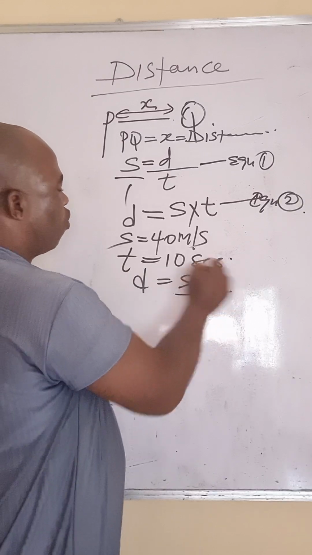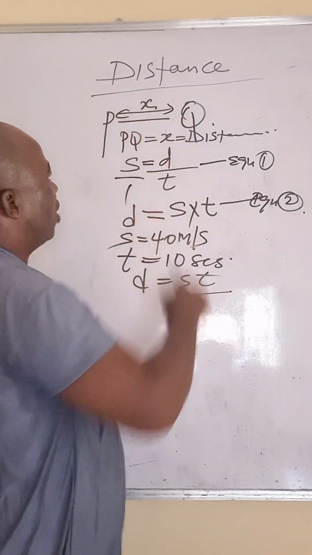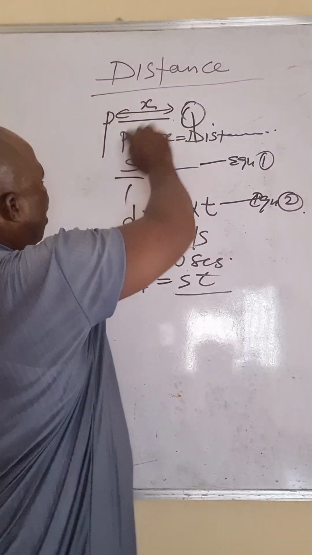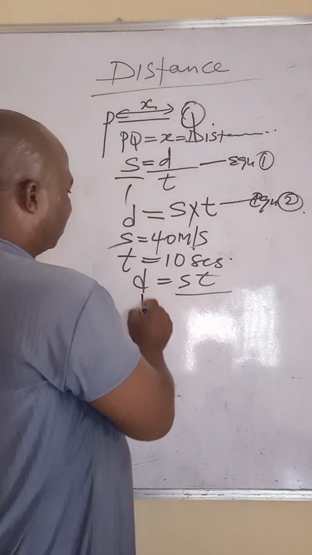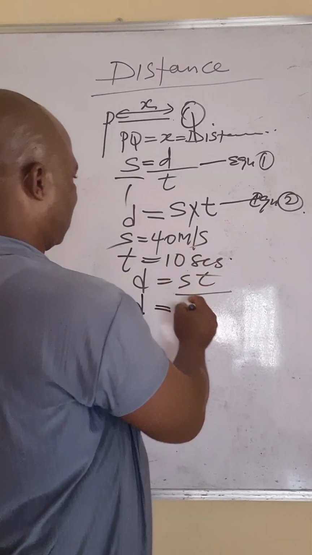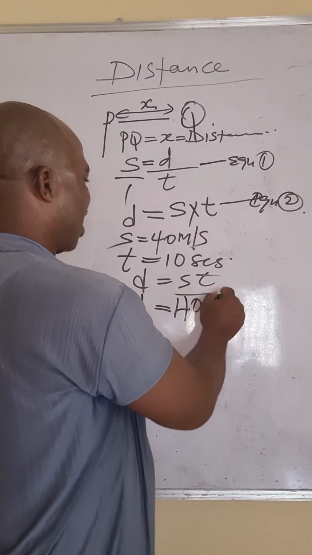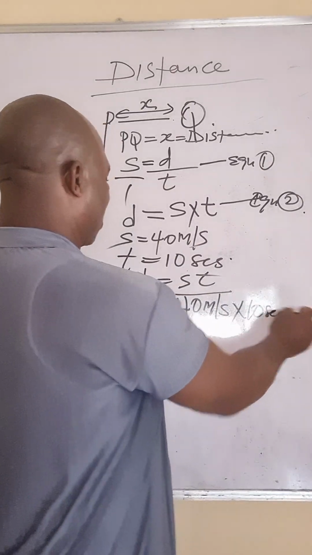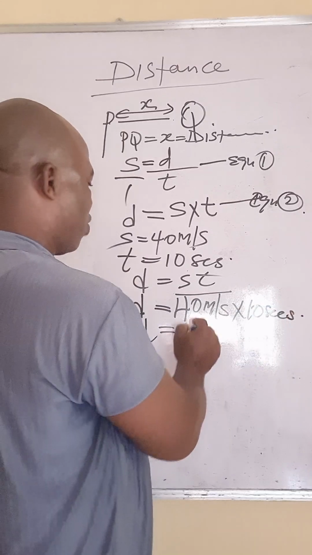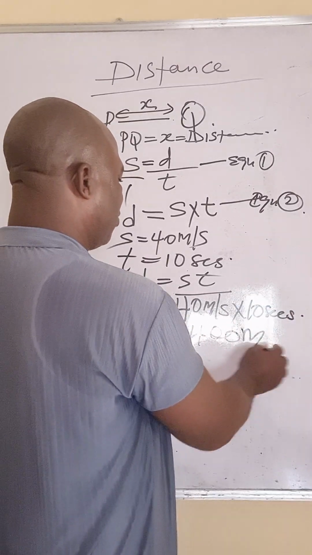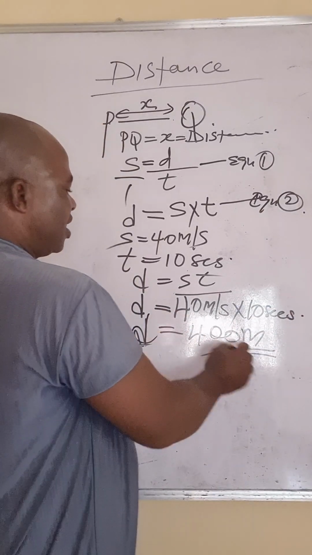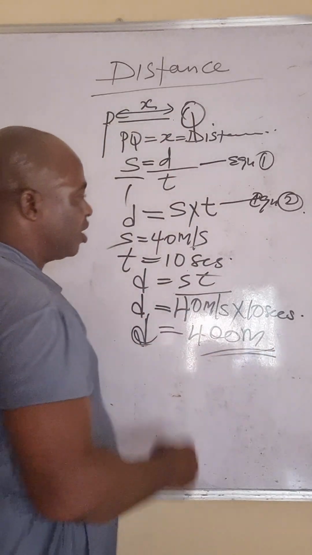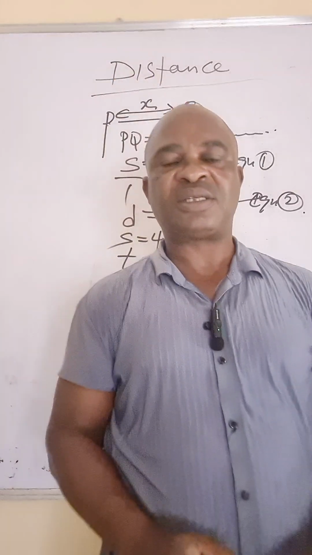Their product will give us the value of the distance traveled from P to Q, the value of X. So D is 40 meters per second multiplied by time T of 10 seconds. The product gives us 400 meters. So you can see the value between P and Q is 400 meters.